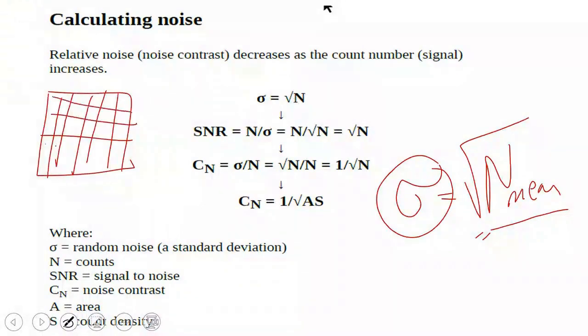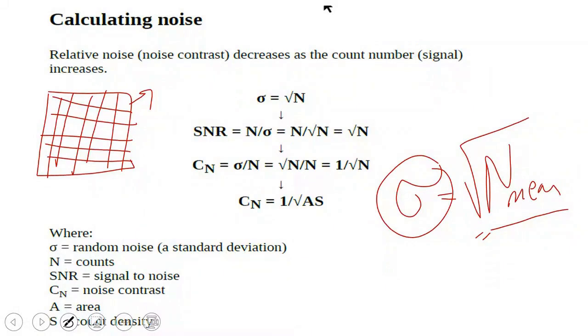The same applies to images. Your image consists of pixels, and each pixel has a value. If there is a large variation between the pixels, not all pixels have the same value, then the statistical noise will be high for you. On the other hand, if the variation is very small between the pixels, then your standard deviation will be low.